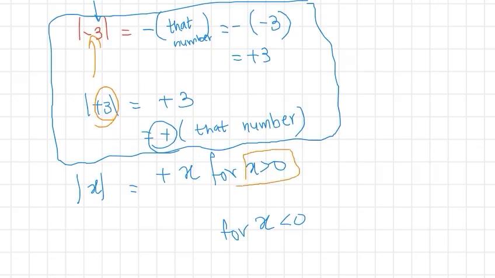I'm saying if x is positive in this inside number, it opens up with the positive of that number. Any doubt here? Why is it plus x?